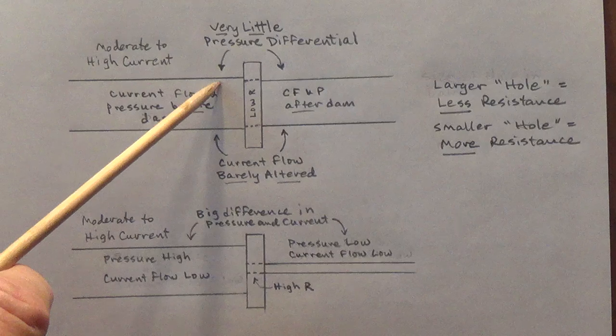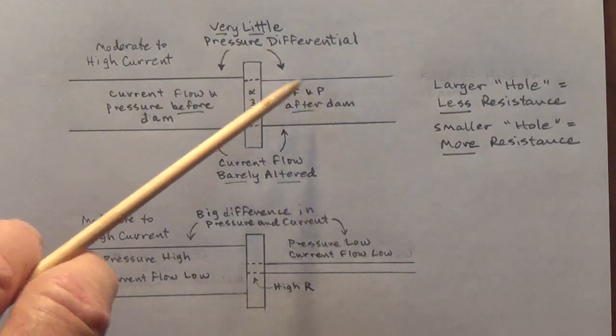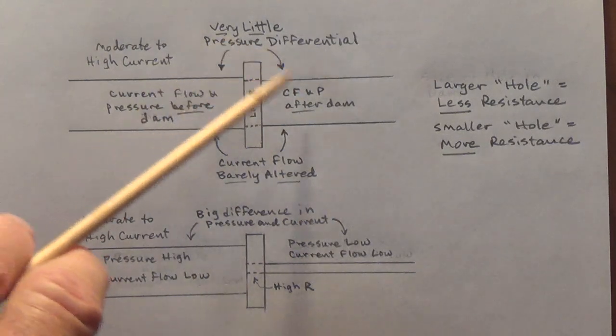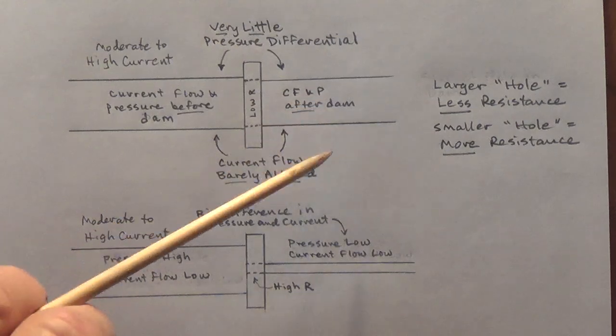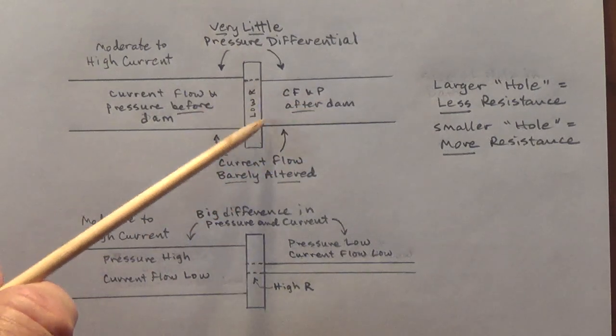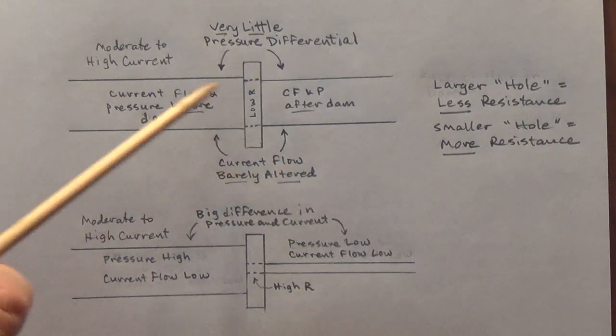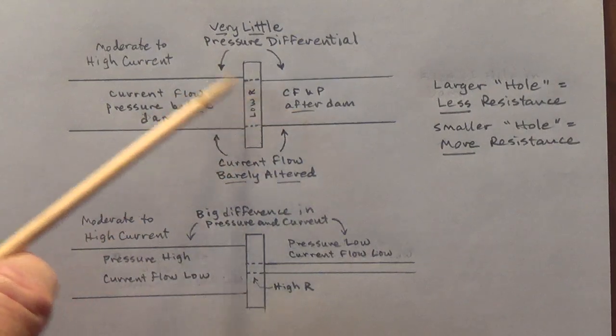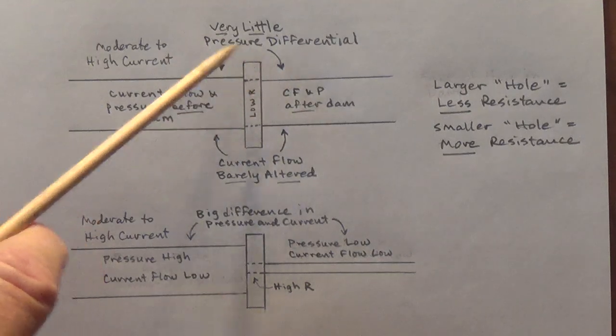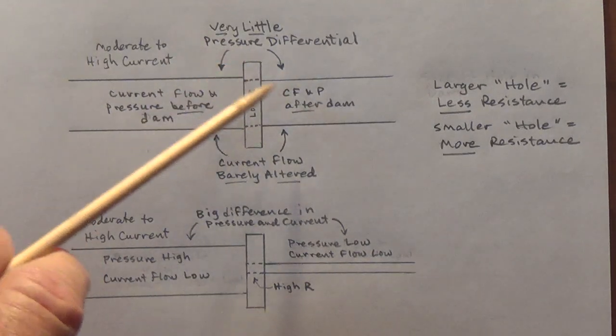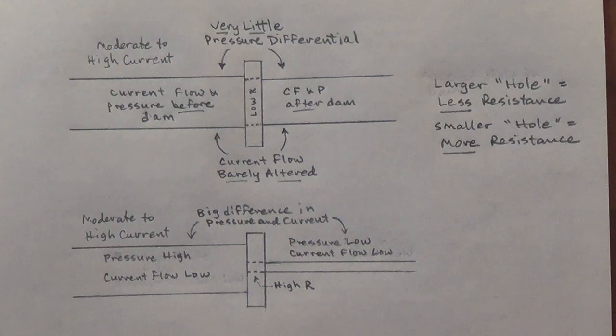We see there's very little difference in pressure before the dam or after the dam. So the low resistance dam results in a current flow that's barely altered and almost no difference in pressure on the left side and the right side of the dam or resistor.